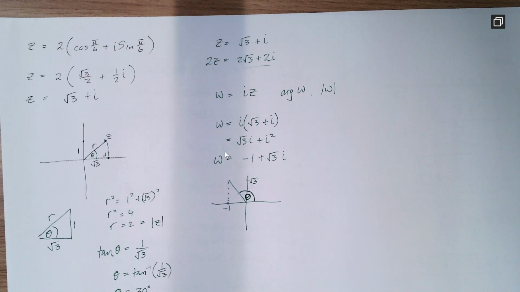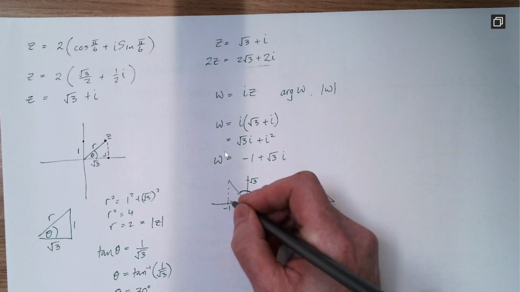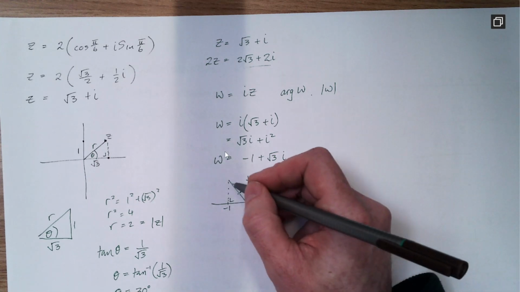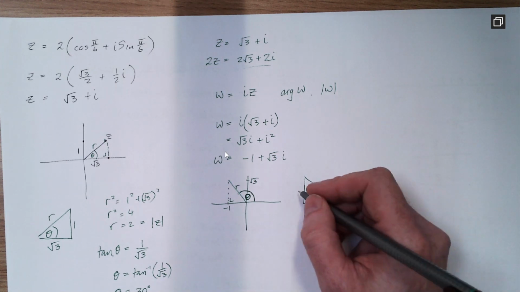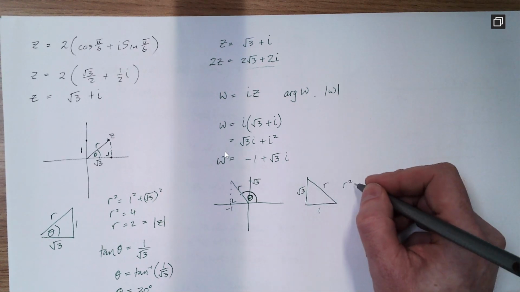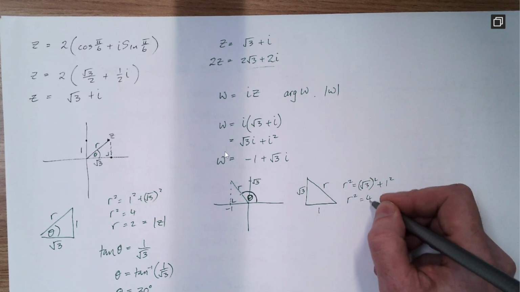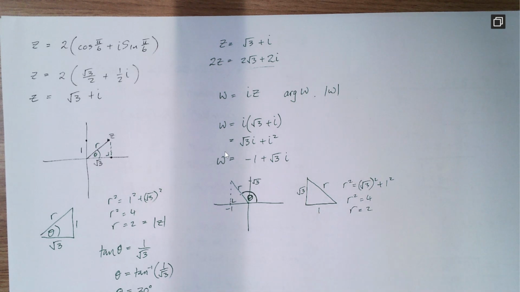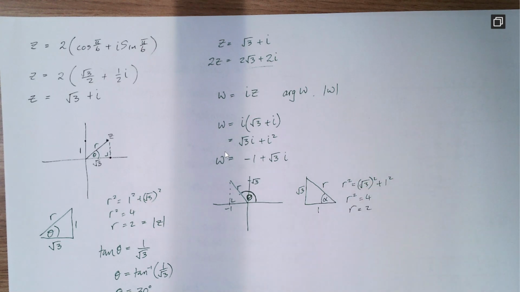Now we have a right angle triangle. R squared equals square root 3 squared plus 1 squared, so R squared equals 4. The argument of w is theta.